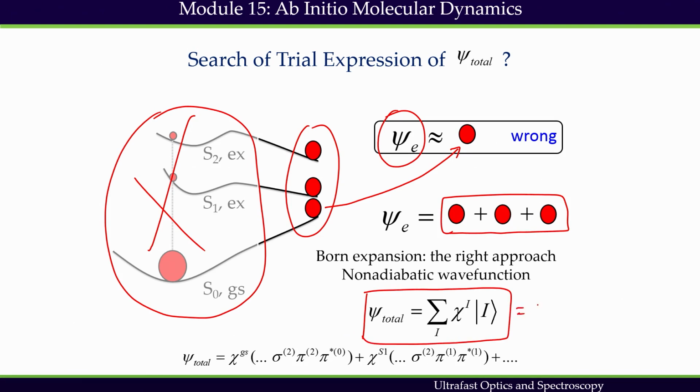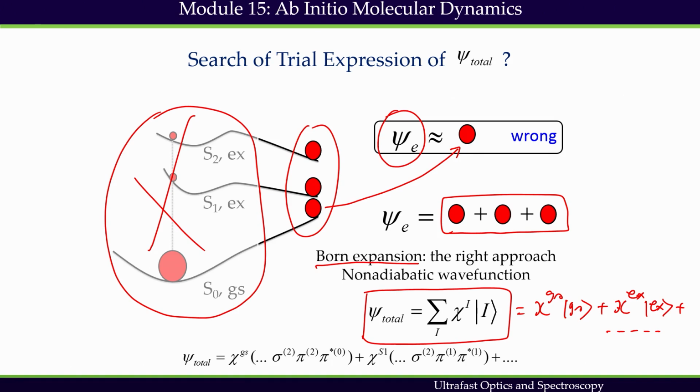It means that I will sum the ground state nuclear wave function times the ground state electronic wave function, plus the excited state nuclear wave function multiplied by the excited state electronic wave function, plus all these summations we have to add. And this kind of expansion is called the Born expansion, which leads to a non-adiabatic wave function. Non-adiabatic because we are mixing different electronic configurations.